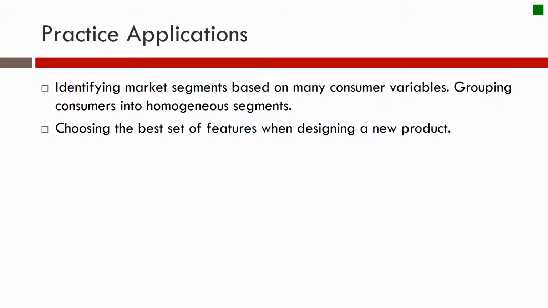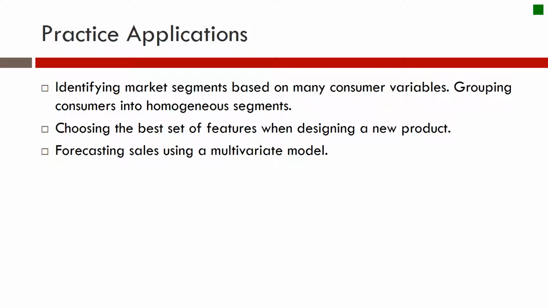We can do conjoint analysis when we want to design new products. Say we are designing a new product and it has 20 or 30 features. Which features should we choose? Which features are most desirable to the customer? Which features go together best to create the most optimal product that would produce the most sales?